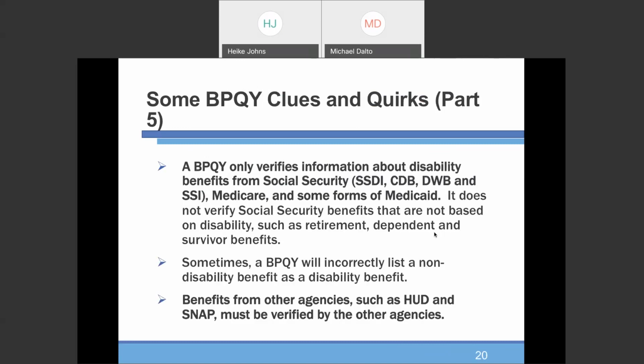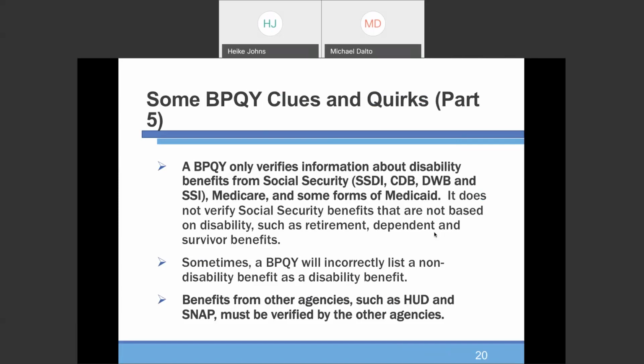So as I mentioned, the BPQY only provides information about benefits based on disability and not other Social Security benefits such as retirement benefits, dependent benefits, survivors benefits. However, sometimes if a person receives a different kind of benefit that's not based on disability, the BPQY will incorrectly list that benefit as if it were a disability benefit.